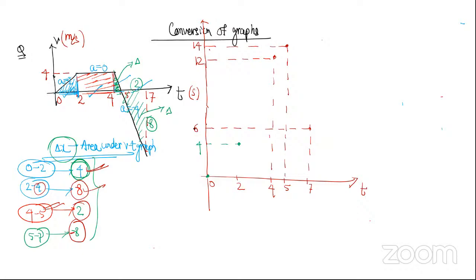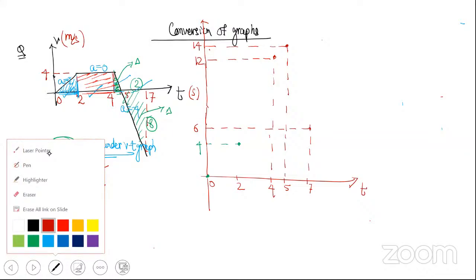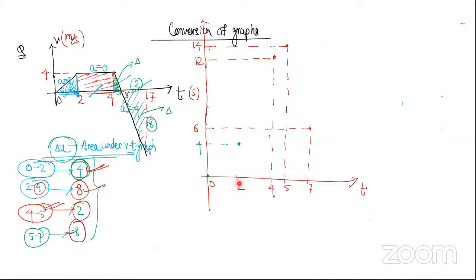Got it? Now I have to join all this. So see how I am joining. For joining you require the knowledge of whether it was motion with constant velocity or constant acceleration, right? So now tell me, from 0 to 2, what kind of motion was this? Was it motion with constant velocity, or motion with constant acceleration, or rest, or variable acceleration?